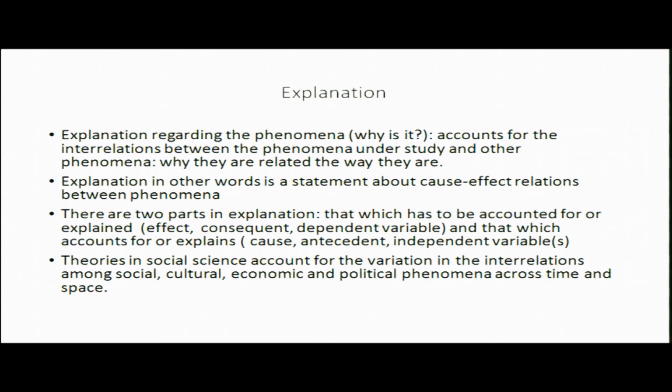There are two parts in explanation: that which has to be accounted for or explained, which is effect, consequent, dependent variable, and that which accounts for or explains, the cause, antecedent or independent variable or variables. Theories in social sciences account for the variation in the interrelations among social, cultural, economic and political phenomena across time and space.